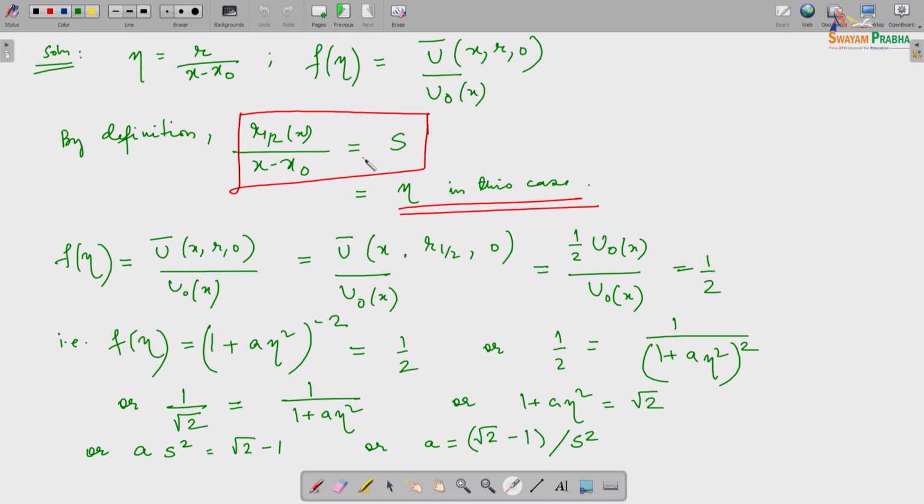S is a spreading rate, which is giving us a physical feel for this velocity profile. It is not just any random polynomial that we are writing. So the A will give us a measure for the physical feel of the round jet. Okay. All right.